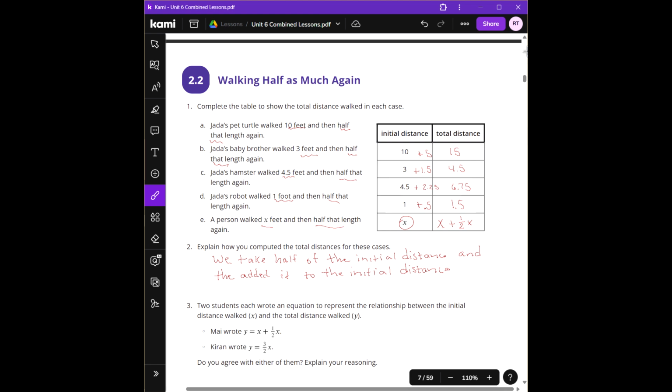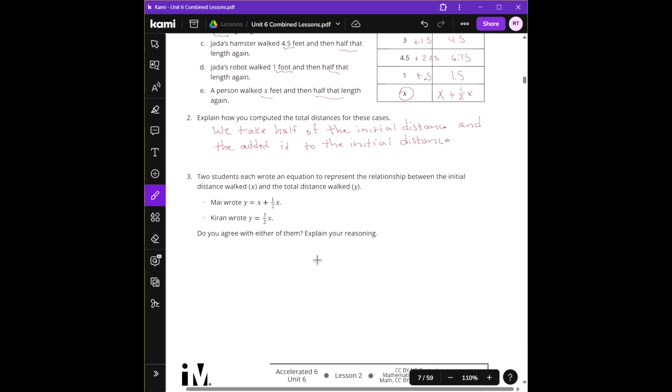Number 3, let's see, 2 students each wrote an equation to represent the relationship between the initial distance walked and the total distance walked.